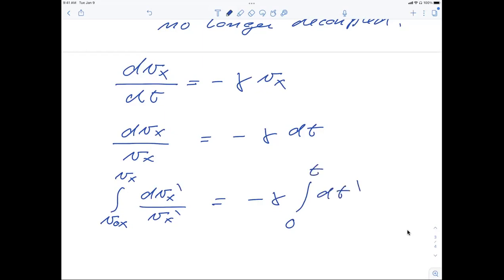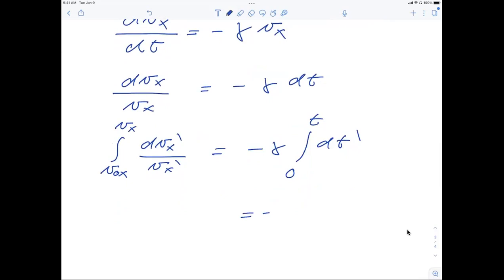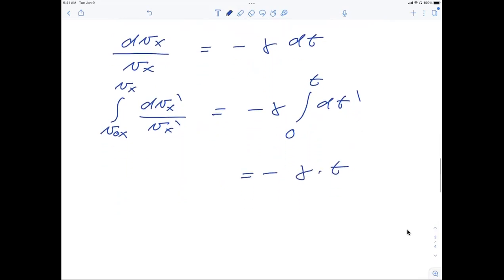So this one is simply minus gamma times t. Anyone who remembers the integral which we have for the velocity? This is also a famous function, which you will see again and again, and it's also one of the exercises in Taylor for this week. Anyone who remembers that particular function?